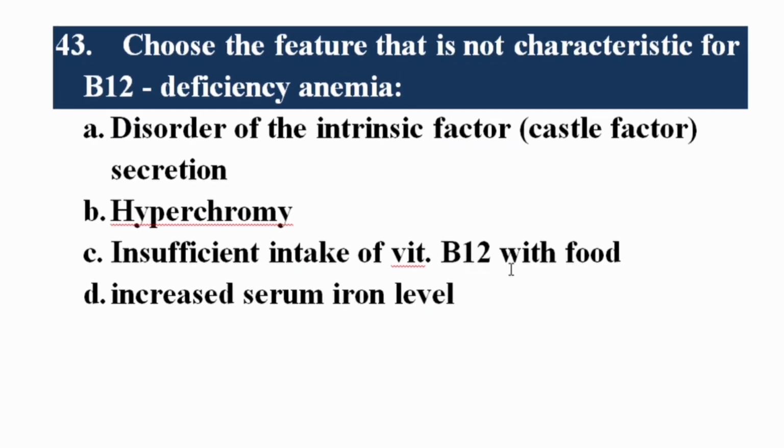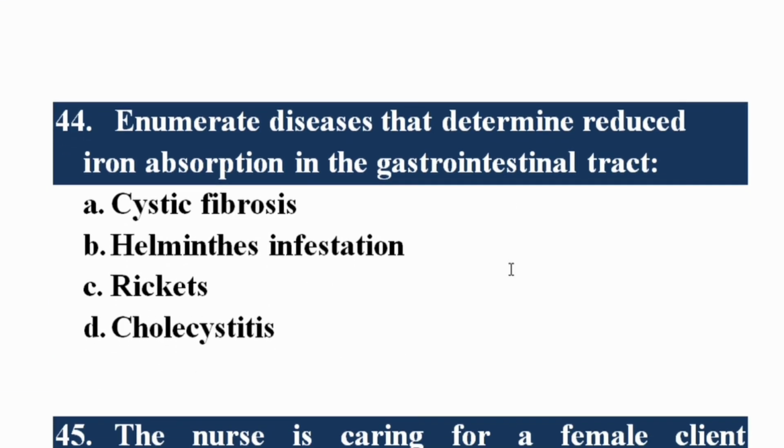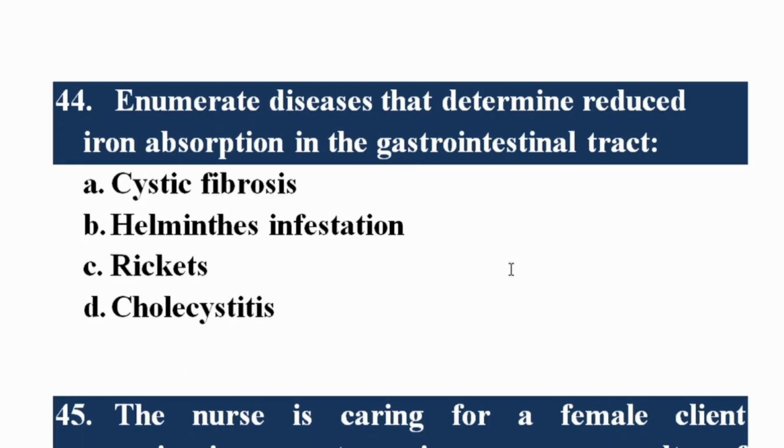Choose the feature that is not characteristic for B12 deficiency anemia. Right option is delta, increased serum iron level. Enumerate diseases that determine reduced iron absorption in the gastrointestinal tract. Right option is alpha, cystic fibrosis.